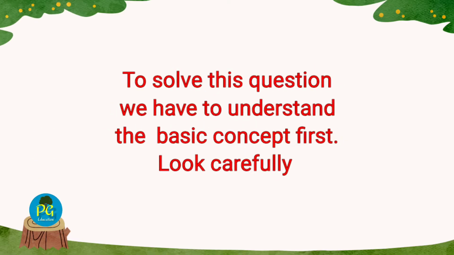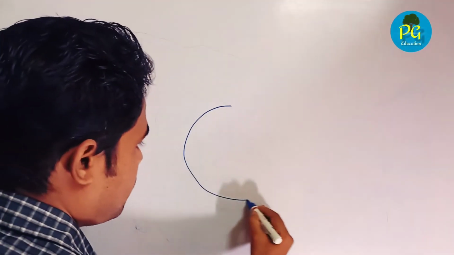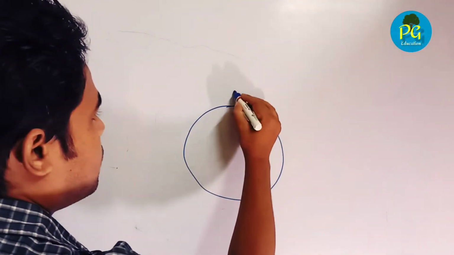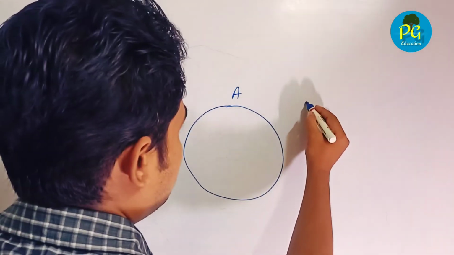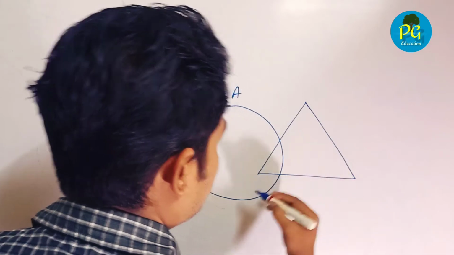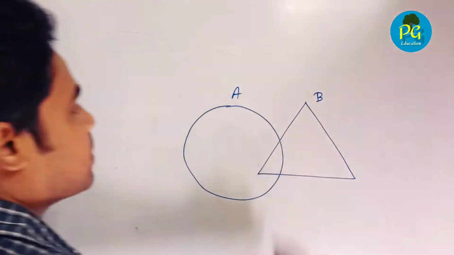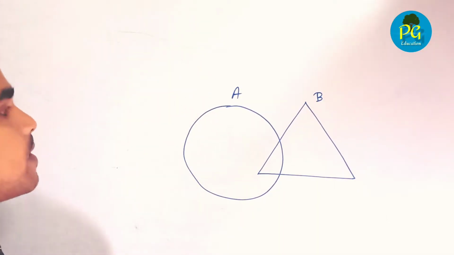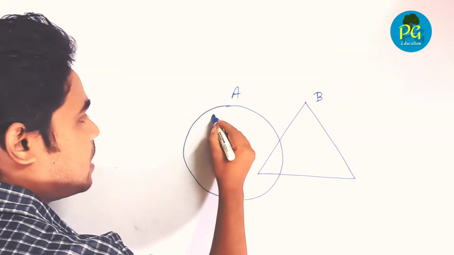Let us take 2 sets, A and B. Set A represents people who speak the English language.